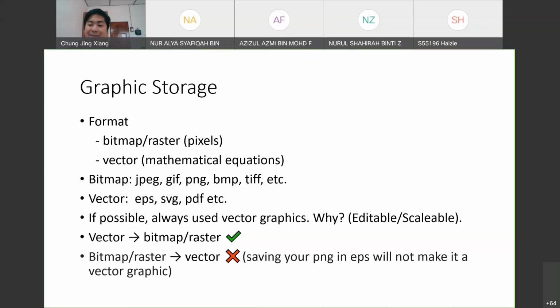Okay, so let's say if you have a PNG, you open the PNG in, let's say, Adobe Illustrator, and you save it as EPS. That will not make your graphic become vector. Okay, so we have to remember vector to bitmap okay, but bitmap to vector not okay.